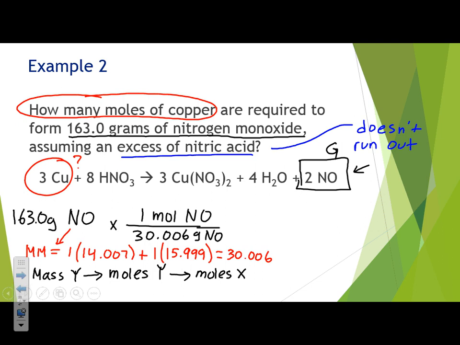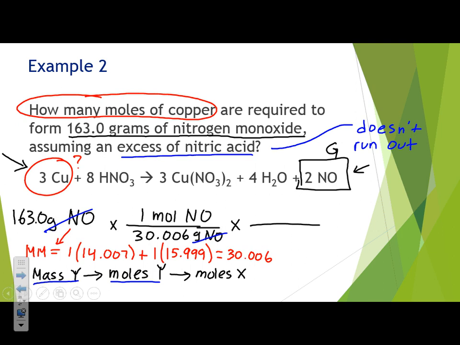What we've done here is converted now from grams, mass of Y, to moles of Y. Now we're still left with moles of nitrogen monoxide, but we're looking for moles of copper. So we need another conversion factor. This conversion factor, we have to use our balanced equation here.